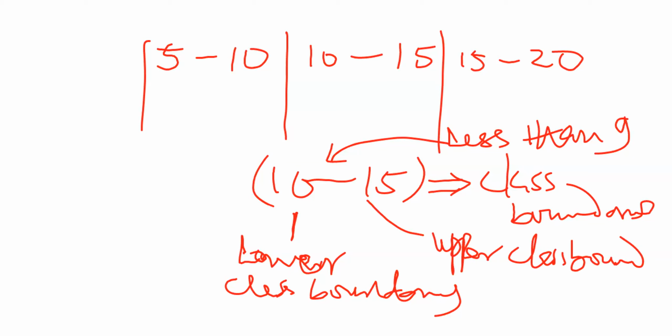There is a link between group A and B, so it is less than grouping, known as class boundaries. The first number is the lower class boundary and the second is the upper class boundary.